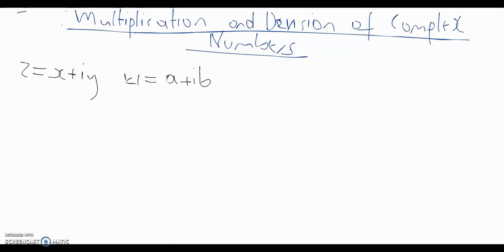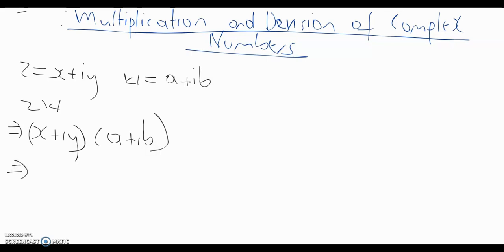Now we're going to be looking at the multiplication and division of complex numbers. Let's say we have two complex numbers, z equals x plus iy and w equals a plus ib. What if I want z times w, which I could just write as zw? This would imply (x plus iy) times (a plus ib). When expanding brackets, we multiply everything in the first bracket by everything in the second bracket.